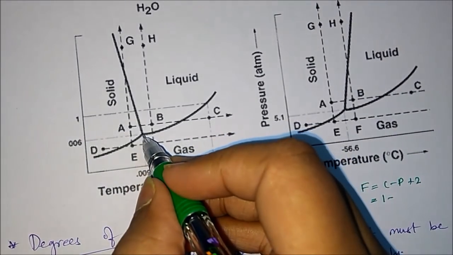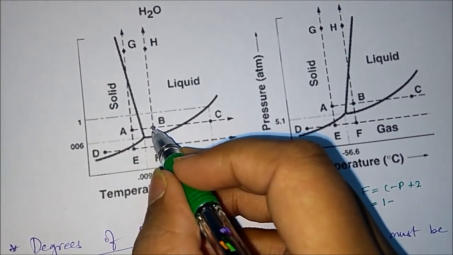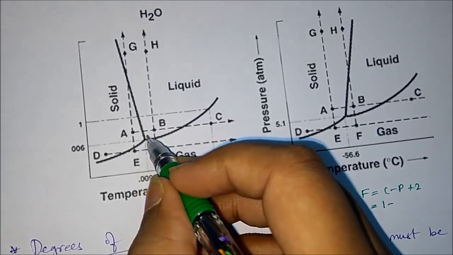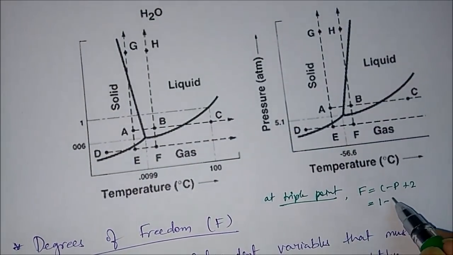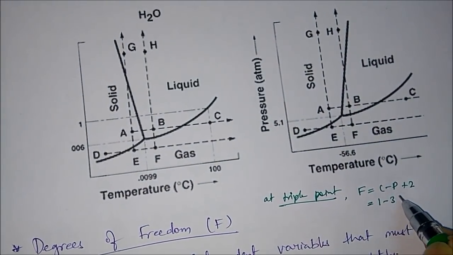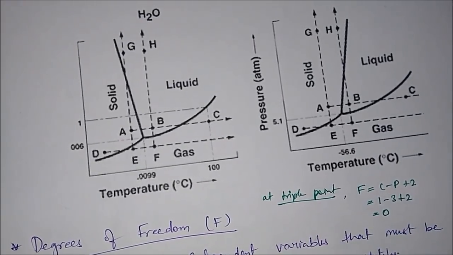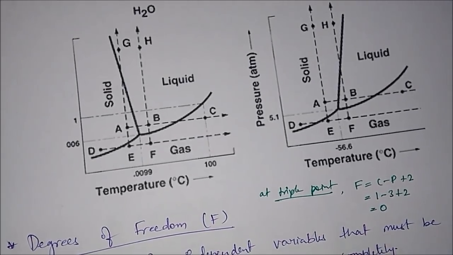All these phases are in equilibrium. Solid is converting into liquid, liquid is converting into gas, and gas is converting into solid. So all these three things are happening at this point. So we have 3 phases plus 2, so this will give you 0. So at triple point, the degree of freedom is 0.